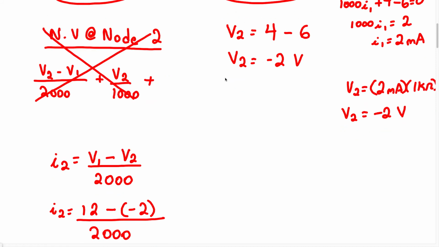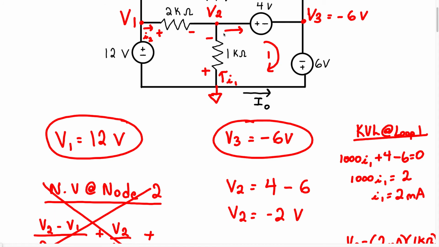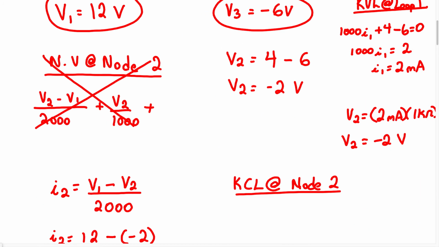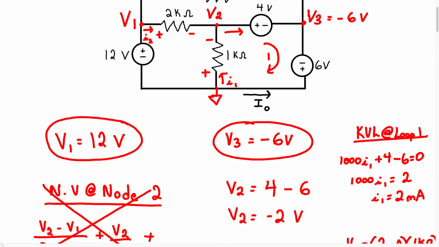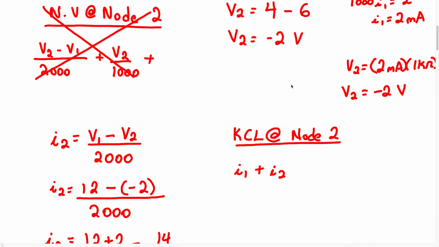So we can write this as KCL at node 2. The current entering this node is going to be the current I1 and I2. So we have I1 plus I2. And we know we're going to have a current leaving. We're going to call this I3. So current I3 is going to be leaving this node. So that equals I3.